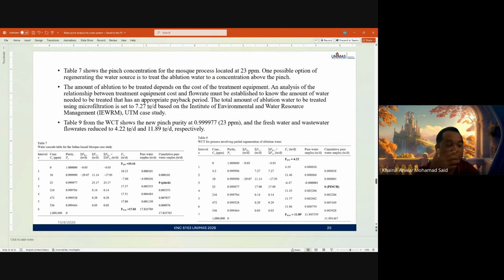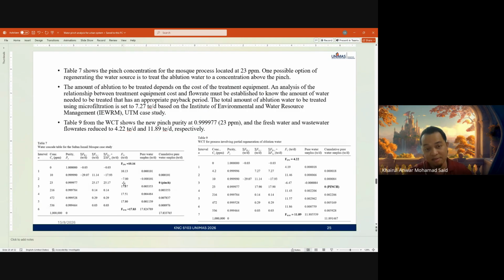So after the treatment, in this case the treatment is activated carbon plus ultrafiltration. Based on that data, they treated 25.17 and got 7.27. So they can only treat that much.